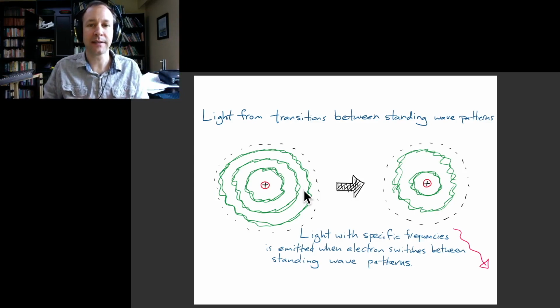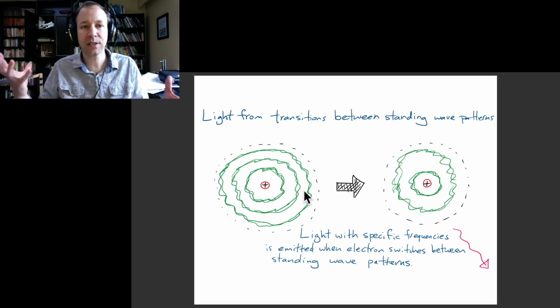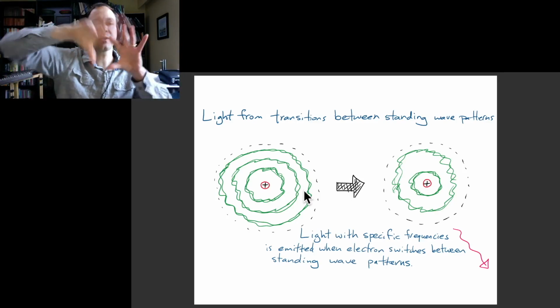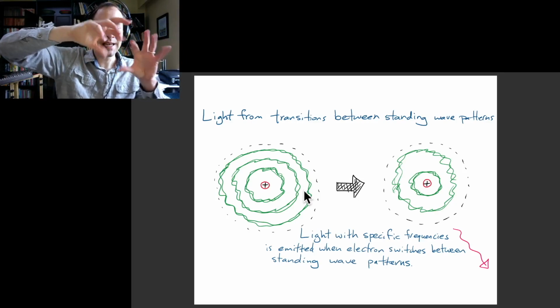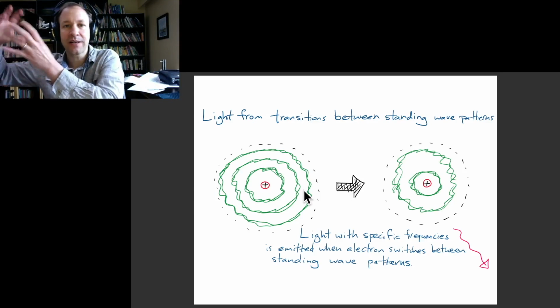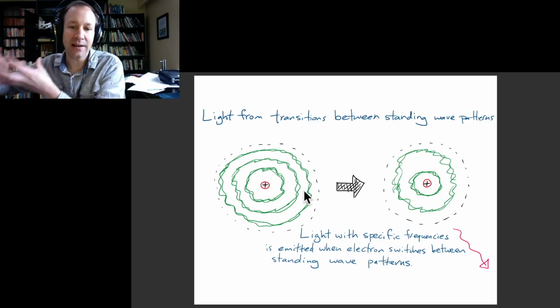It turns out that the light is actually coming from what we call transitions between these standing wave patterns. So the electron could be vibrating in this one standing wave pattern and then make a transition to a different pattern of vibration.